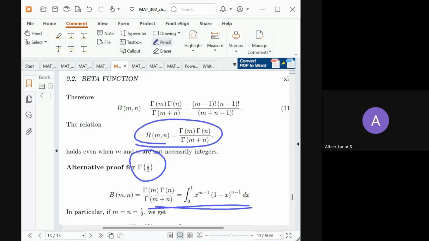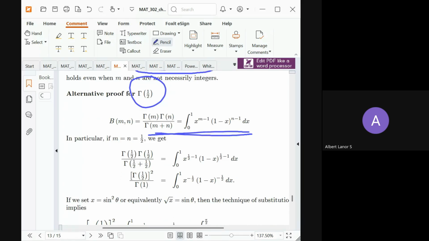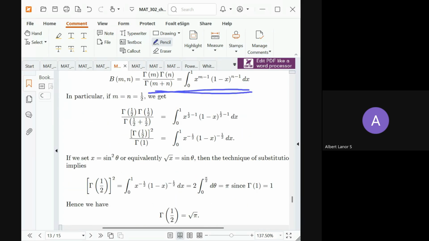and then you substitute it into this equation. If you do, you get gamma of half squared. And what is gamma of half? Root pi. Gamma of half is root pi. Okay, so you go through it, and then you do the substitutions.